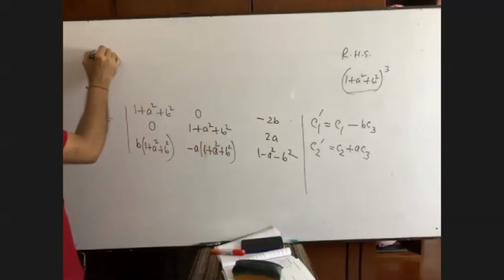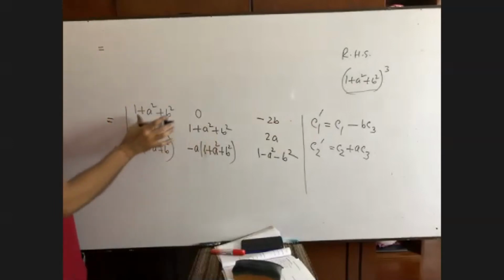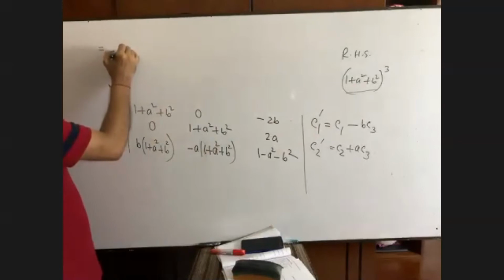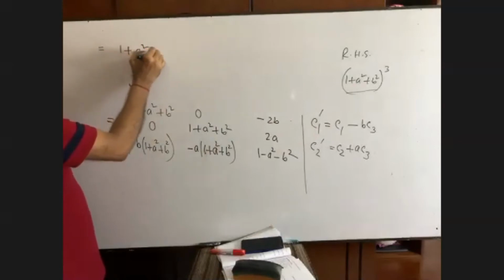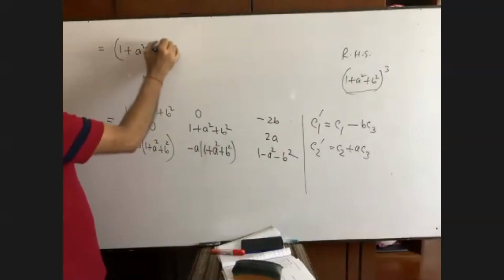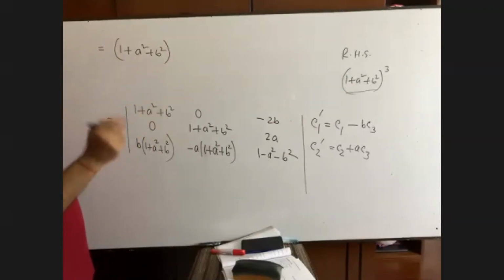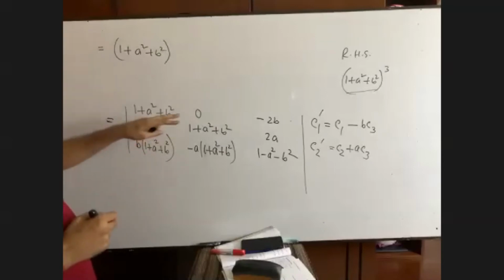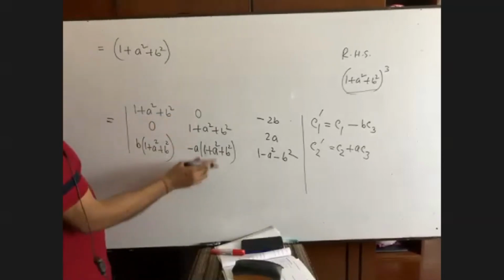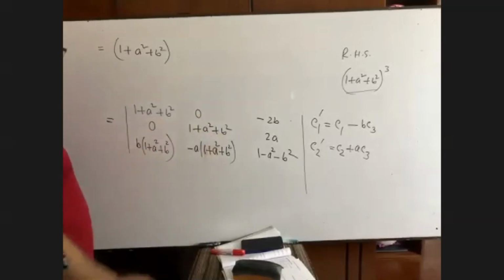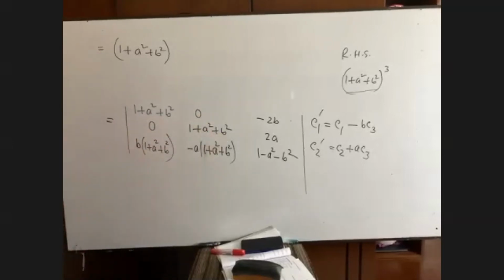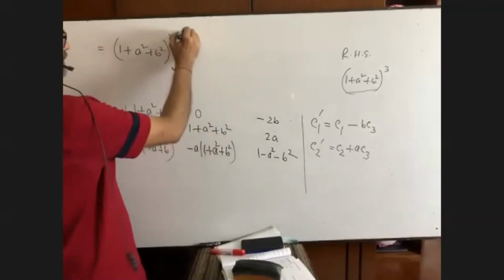Now you see, from the first column, what common can be taken? Because 0 means 0 into this. I told you. From the second column, what can be taken common? Same thing. 1 plus a square plus b square can be taken common, right? So we can get here the whole square.